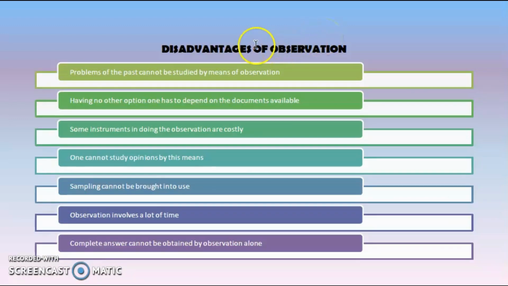Observation also has its disadvantages. First, problems of the past cannot be studied by means of observation. Second, having no other option, one has to depend on the documents available. Third, some instruments used in observation are costly.